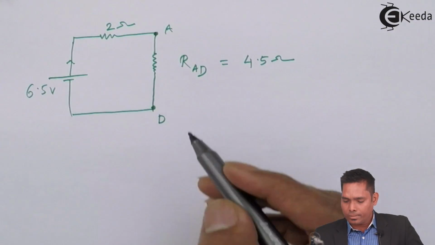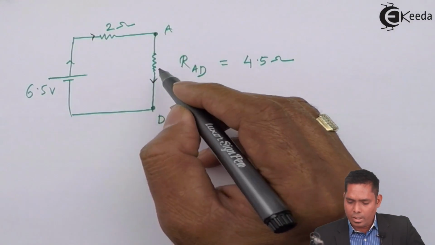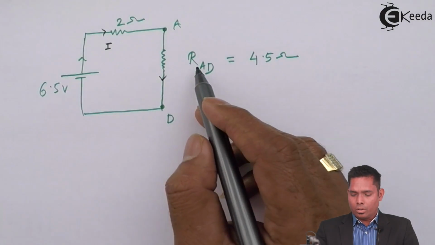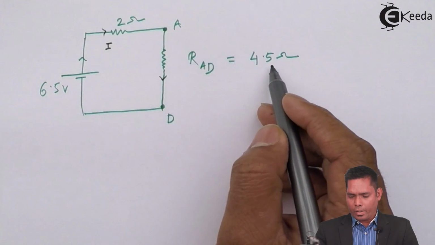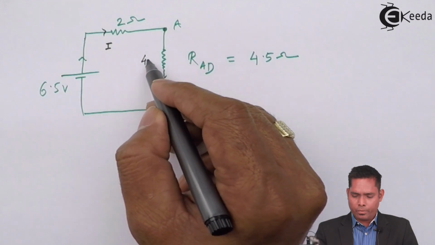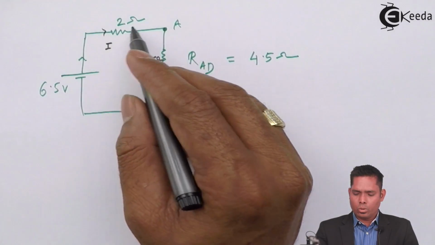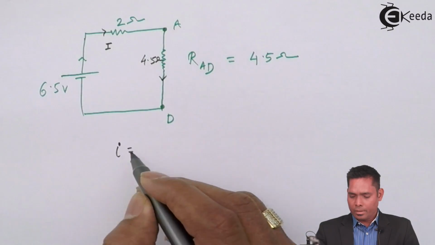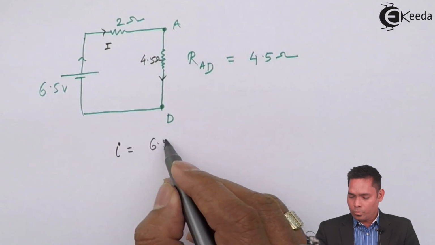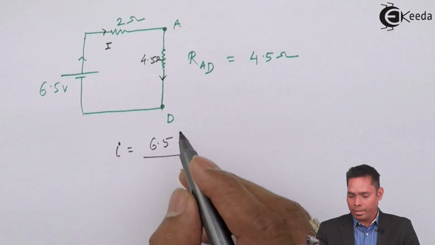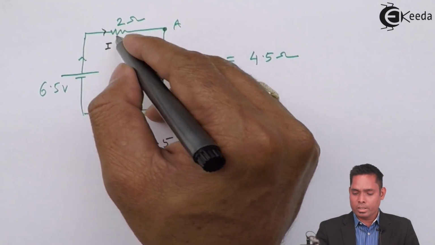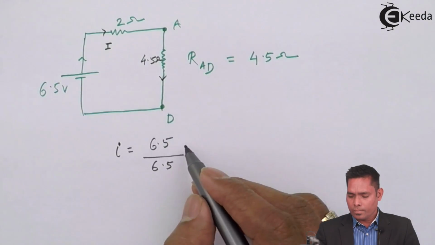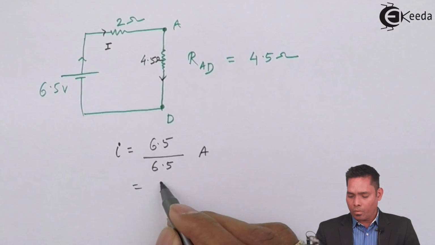Let I be the current flowing. The current is the voltage you are applying divided by the equivalent resistance. These two resistances are in series, so it is 6.5 divided by 6.5, that is 1 ampere.